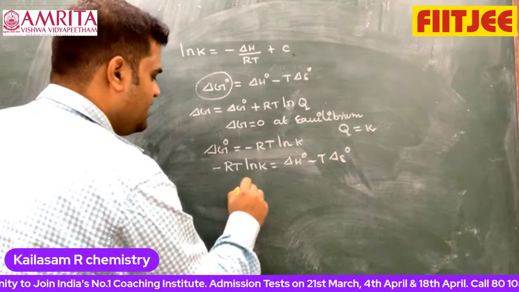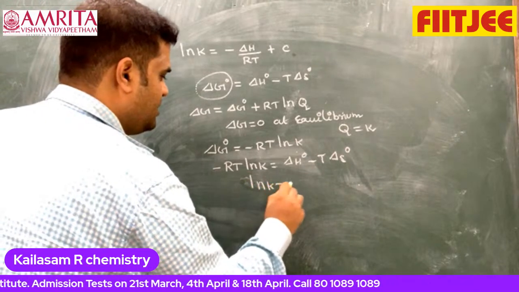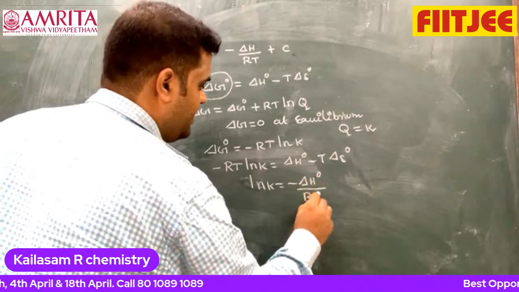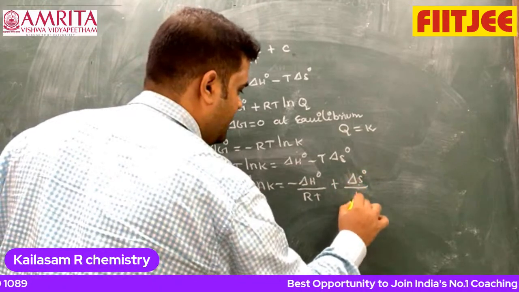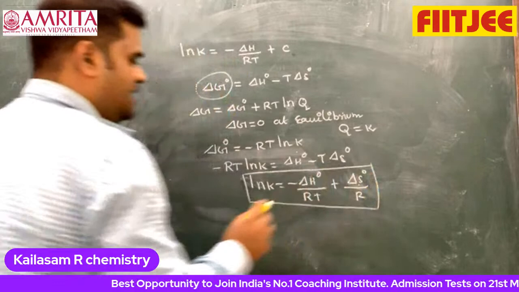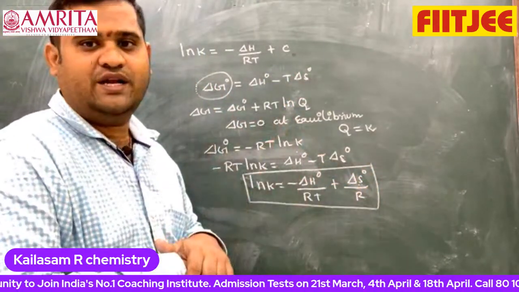So in place of delta G naught, I can substitute: minus RT ln K is equal to delta H naught minus T delta S naught. Now I can write ln K is equal to minus delta H naught by RT plus delta S naught by R. Look at the comparison. Now you can say that this C is nothing but delta S naught by R, that's called the intercept.